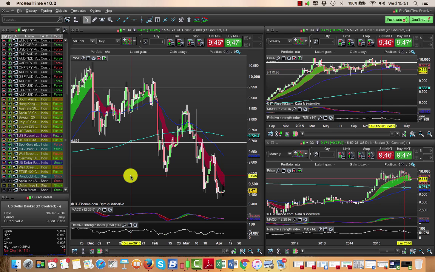We've got the dollar index. And we can see, last week we had a great uptrend, a great pullback. Overall, we have been in a downtrend, but we've had a strong pullback. But this last week, we were really pushing onto the downside.